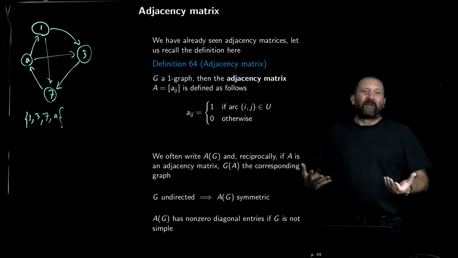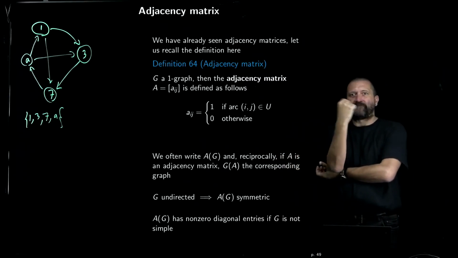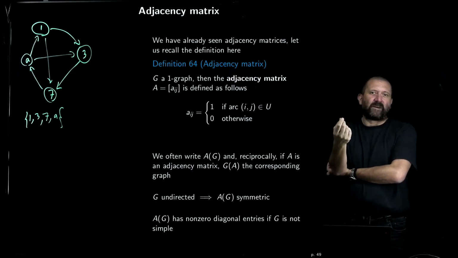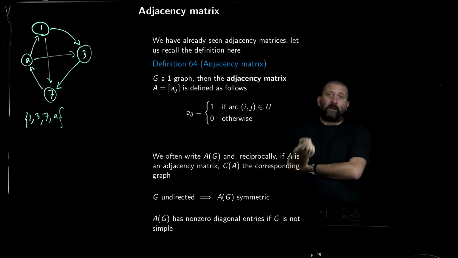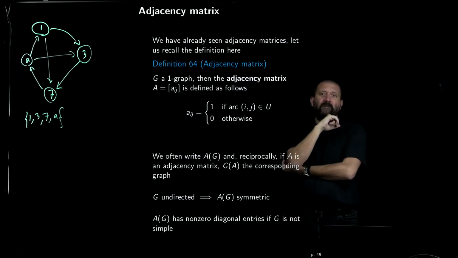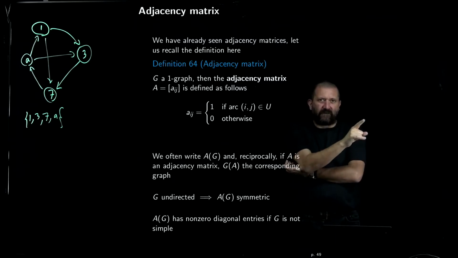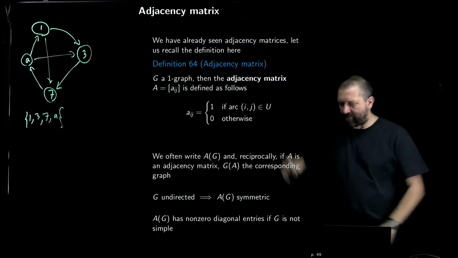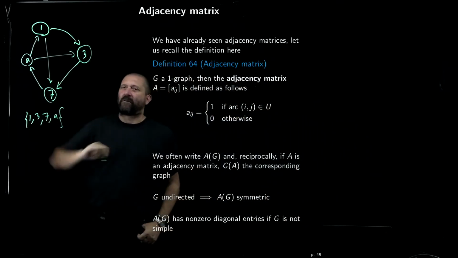Typically we try to make them so, but it doesn't have to be. Okay. So if I have a graph, the adjacency matrix is simply the matrix that has entry ij equal to 1 if there is an arc in that graph between the ith vertex and the jth vertex, and 0 otherwise.